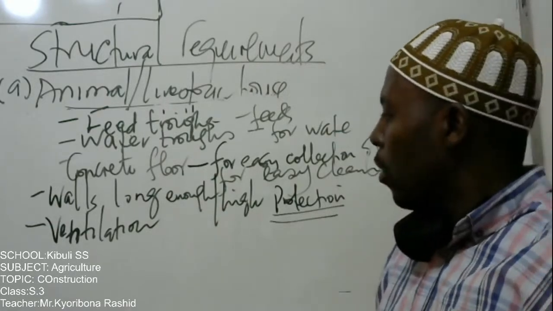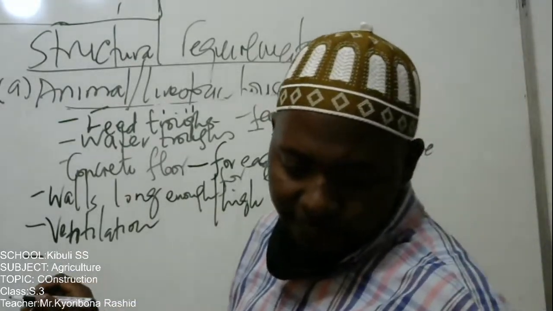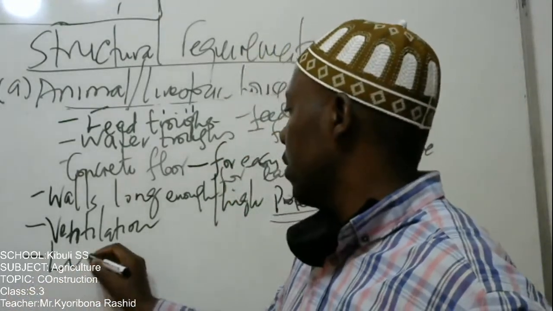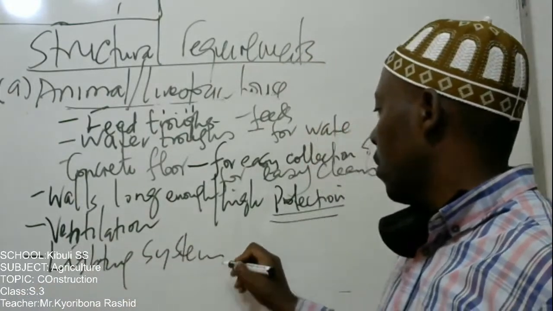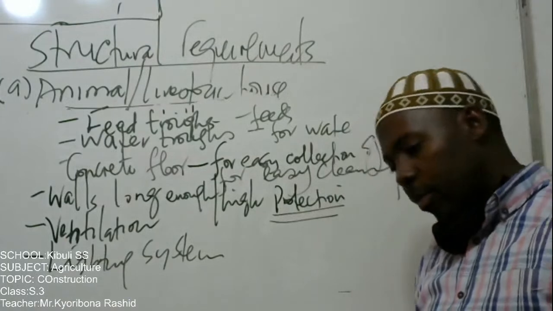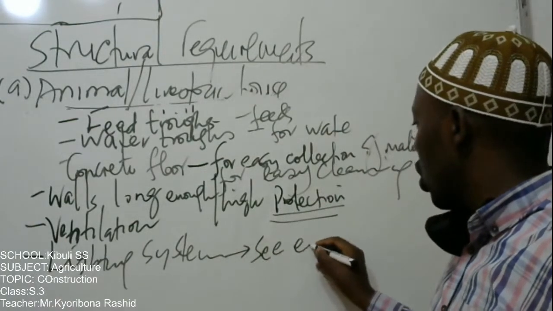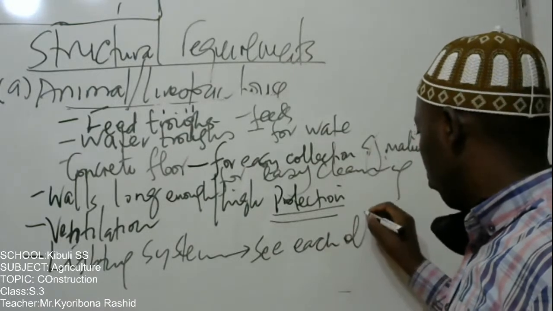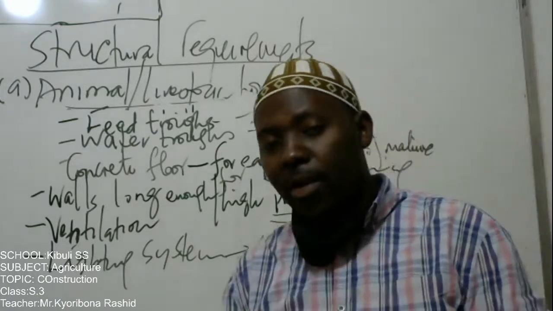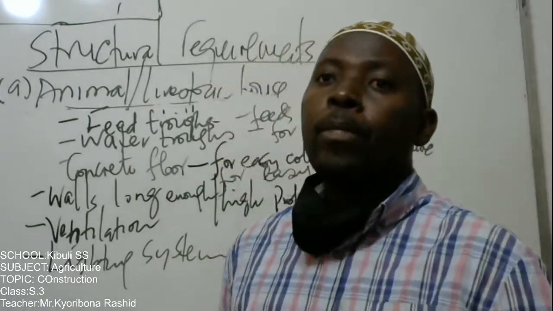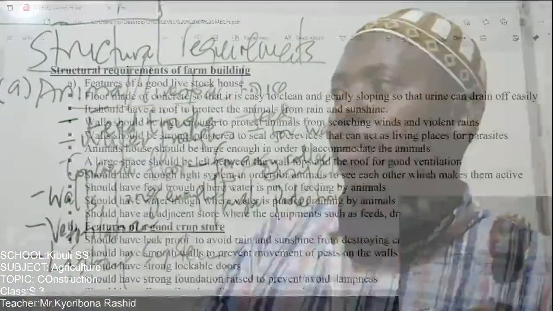Okay. Now, you also need to know that this house should have enough light, enough lighting system. Why? Because you want the animals to be in a position to see each other. Why do they need to see each other? Some animals have to live with both sexes.